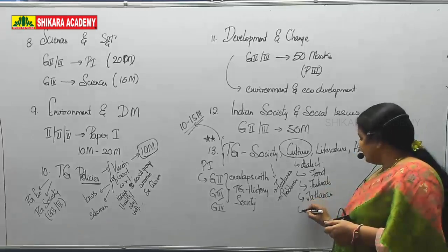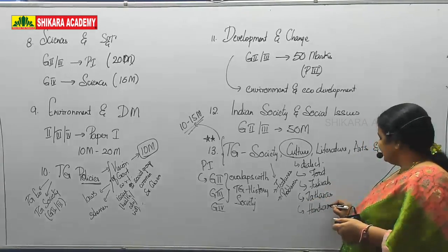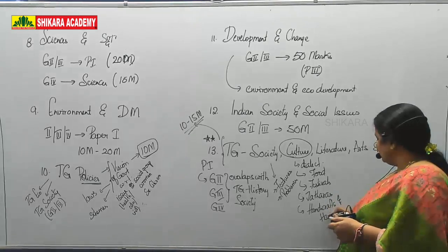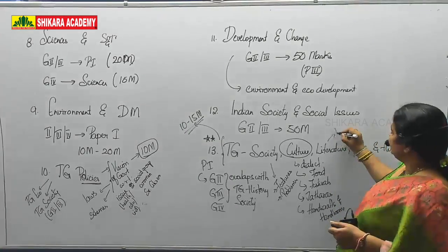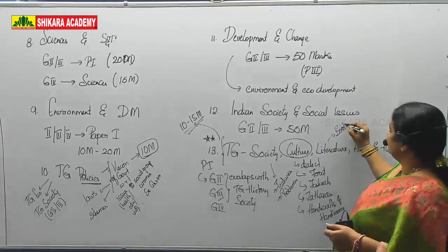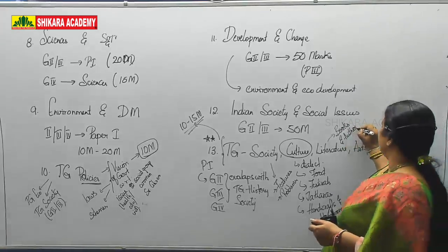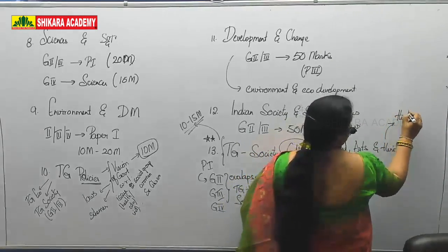Okay, it also includes your handicrafts and handlooms. All this will come under culture. Literature is basically about books and authors. Okay, heritage will include all historical monuments.